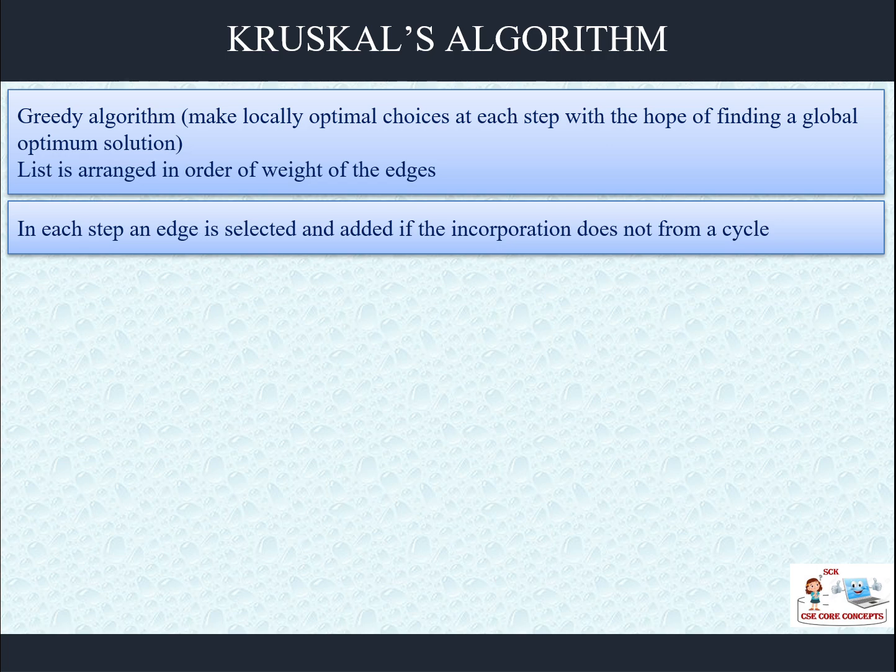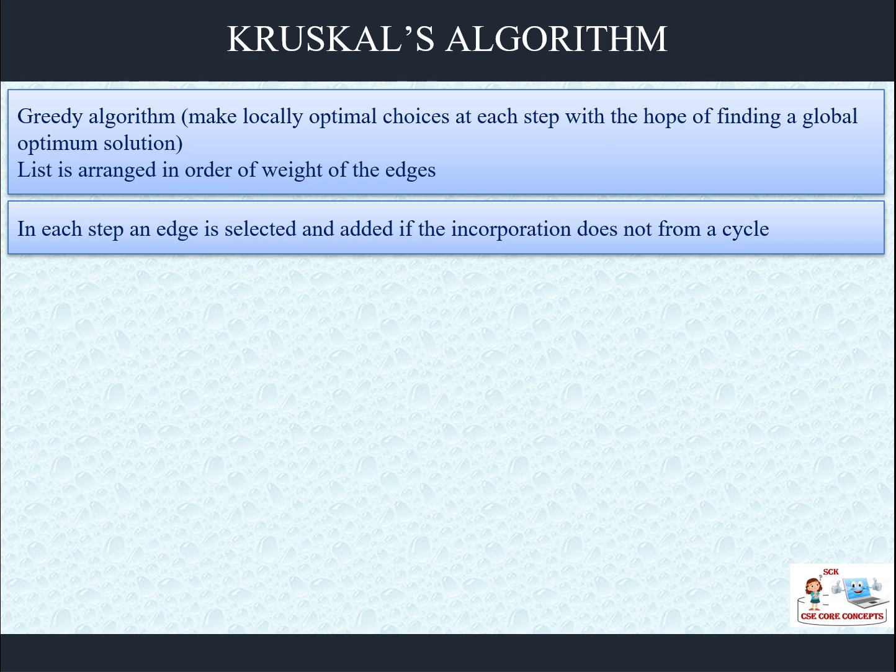So at the first step it will try to find the best choice, with the hope that if I make the best small choices at every step, I will get the best answer globally, at the end. So at every step is important. At every step we are going to find the best answer with the hope that the final answer we get will be the best.